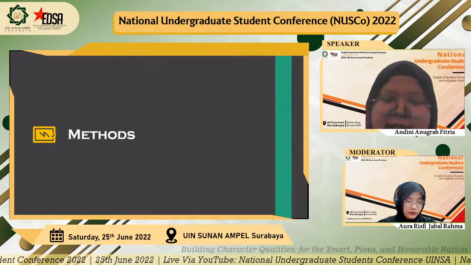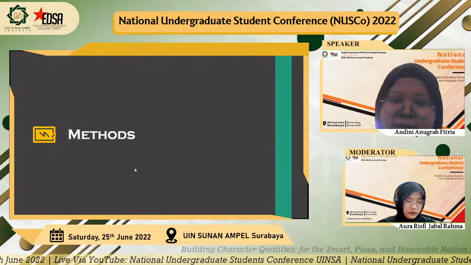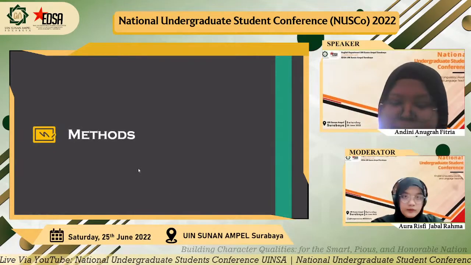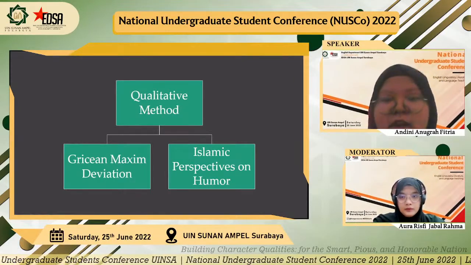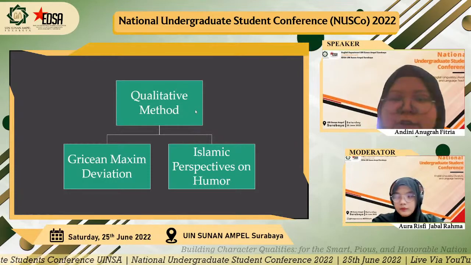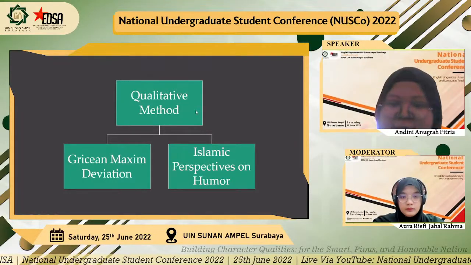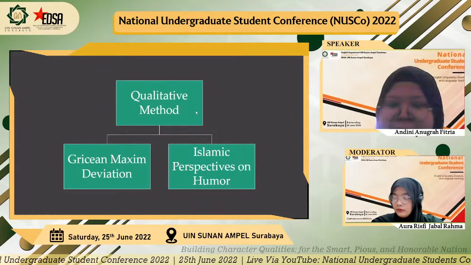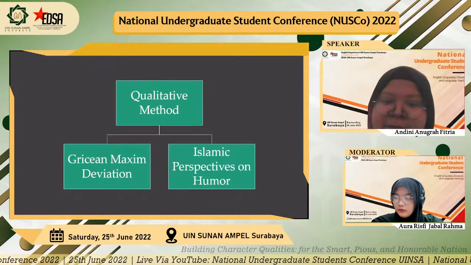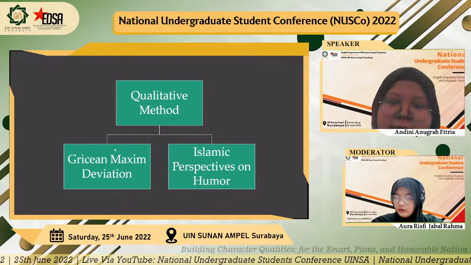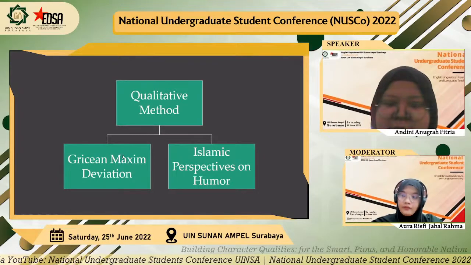Moving on to the next section, I'm going to explain the methods that I used to conduct this study. So this study employed a qualitative approach to do an in-depth analysis of verbal humor construction in the Black Books series, particularly in the Manny Come Home episode, the first episode in the third season, using Gricean maxim deviations and Islamic perspectives on humor.